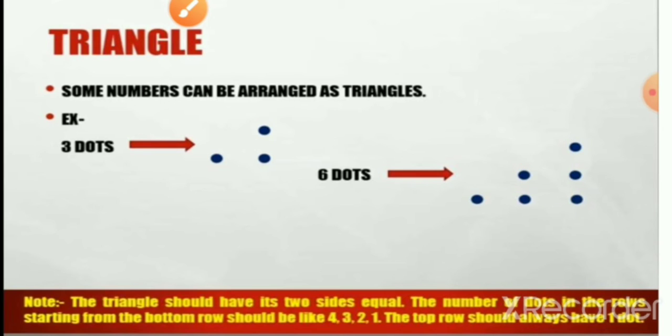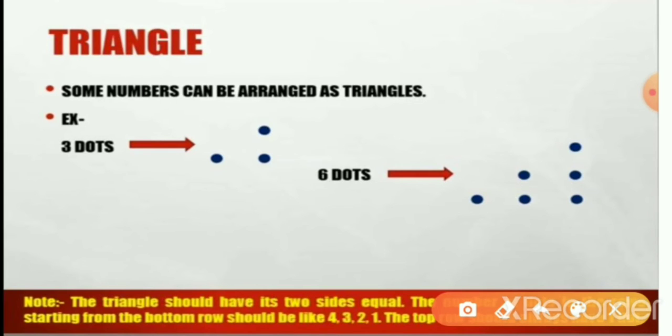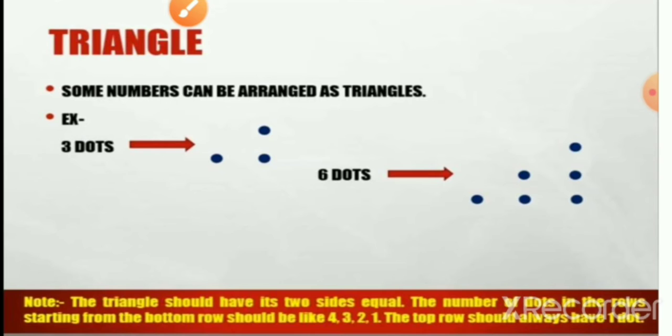The triangle should have its two sides equal. The number of dots in the rows starting from the bottom row should be like 4, 3, 2 and 1, and the top row should always have 1 dot. Here also you can see in both the triangles, the first row has only 1 dot.